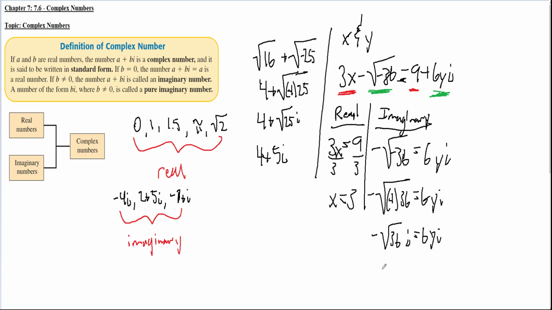The square root of 36 is 6, so I have negative 6i is equal to 6yi. Then, since I'm solving for y, I can divide both sides by 6i, okay? Both of these cancel, and I'm left with y being equal to negative 1.